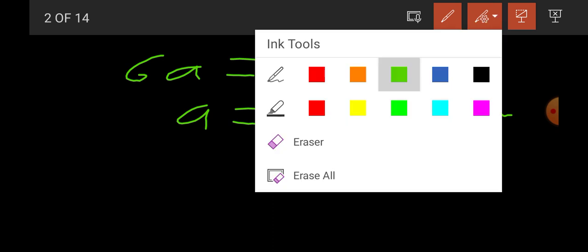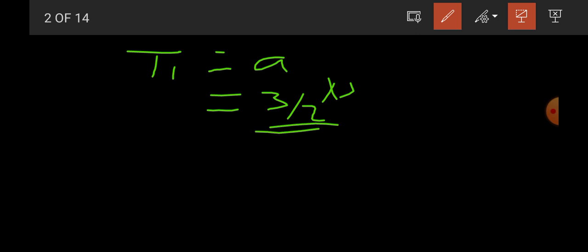This acceleration አገኘን። But tension 1 is equal to A, ስለዚህ ከአክሰለሬሽን ጋር እኩል ነው ብለን መጀመሪያ ሰርተነዋል። ስለዚህ tension 1 is equal to 3/2 Newton.